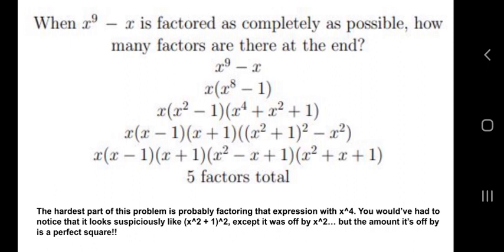Then we got that taken care of. And now it might look like we might not be able to factor the other thing, because it doesn't look like it's a sum or difference of cubes or anything like that.